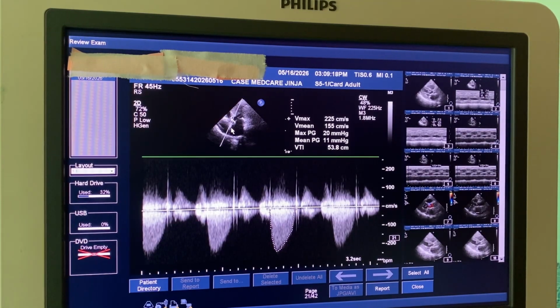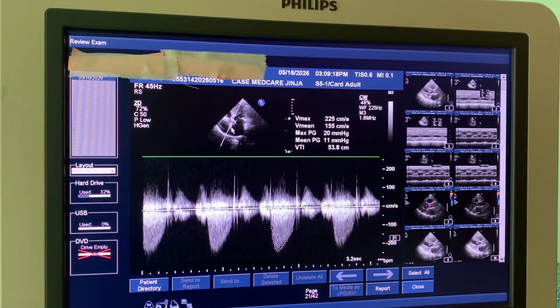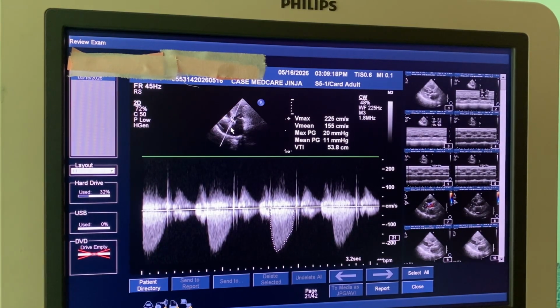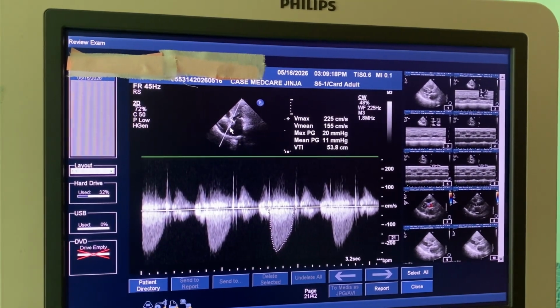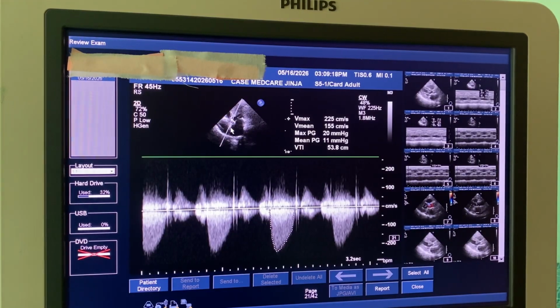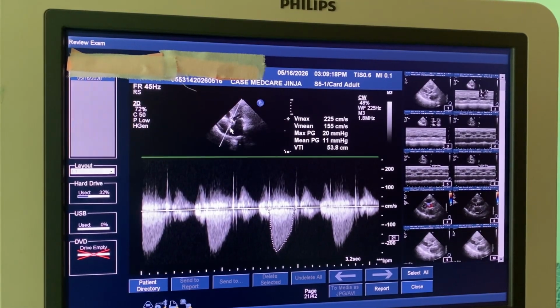Doppler velocity index is a dimensionless index. It doesn't have units. You just get the LVOT VTI divided by the aortic valve VTI, and it will give the DVI, Doppler velocity index.